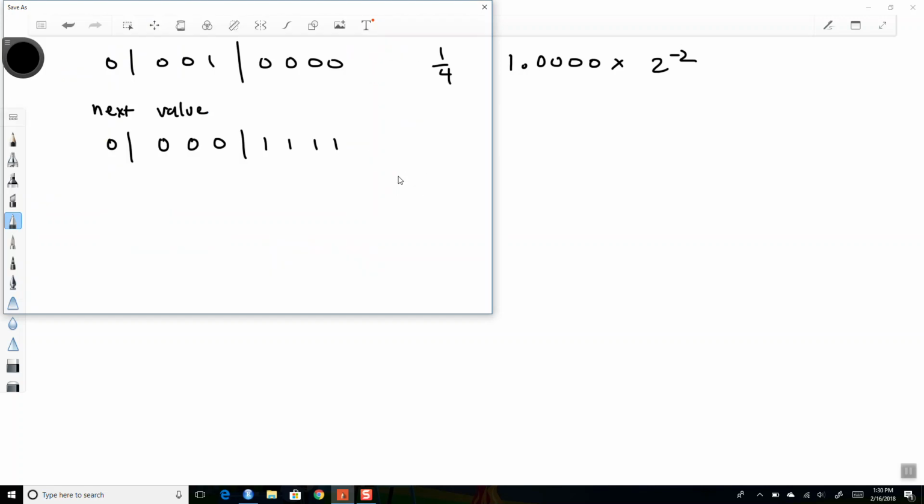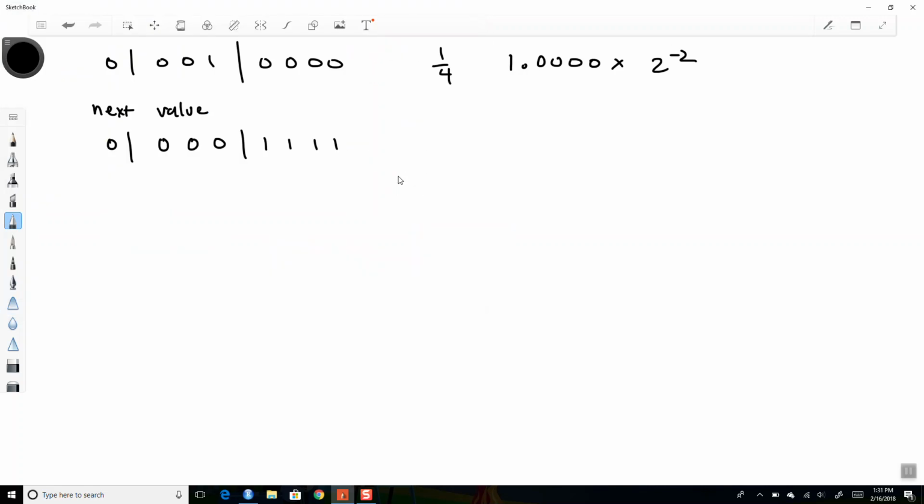It's kind of like if you have the odometer running backwards, and you had 0, 0, 0, 0, and you're counting down, it would roll back to all 9s. So for denormalized numbers, we're going to change the 1 to a 0, and this becomes 1, 1, 1, 1.